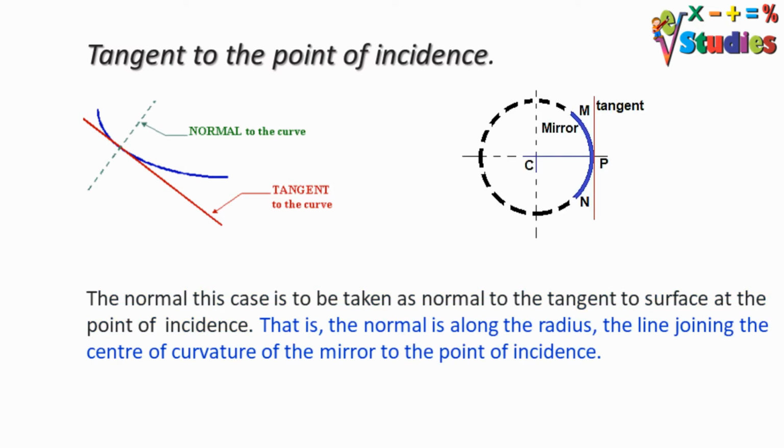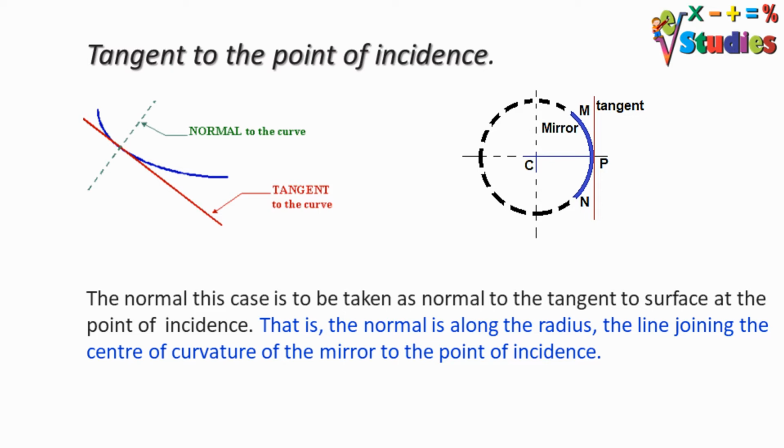Here it has been described as the tangent at the point of incidence. So students, when you think about a normal to any curved surface, you have to consider the normal to the tangent of that surface at the point of incidence.